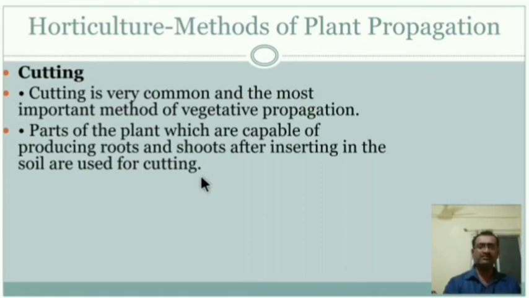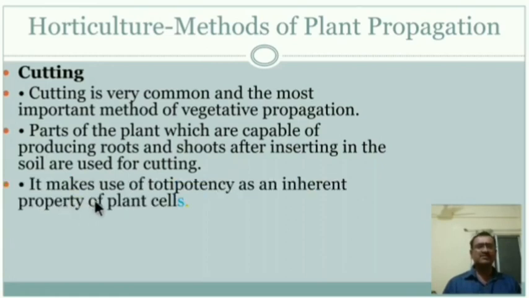Some plants propagated by stem cutting are sugarcane, grapes, rose, bougainvillea and carnation. Cutting makes use of totipotency as an inherent property of the plant cell. It is the ability of a cell to produce a new plant.